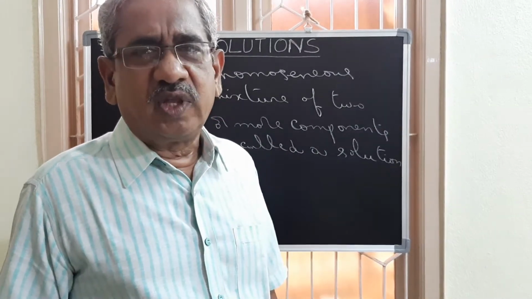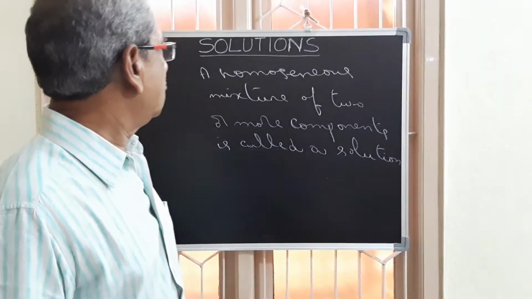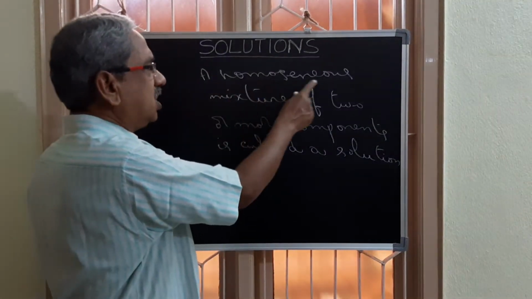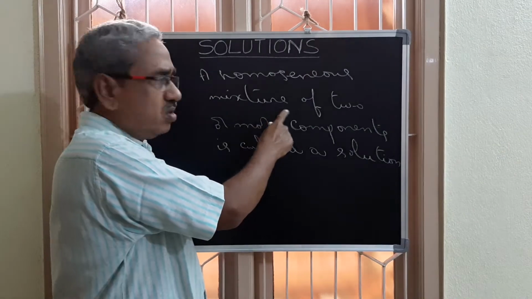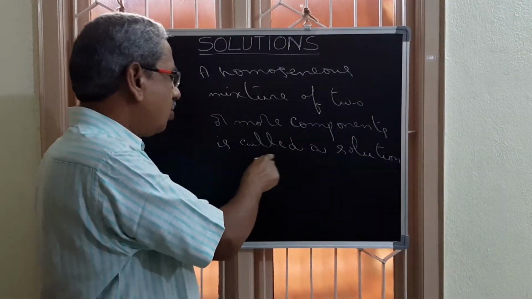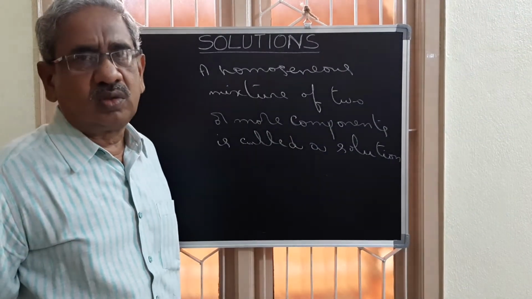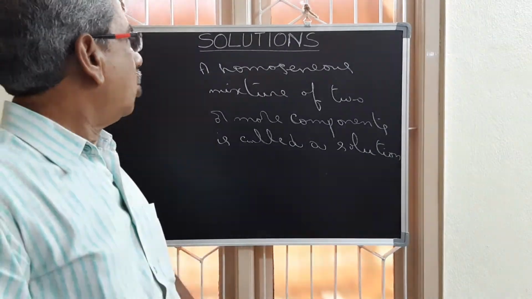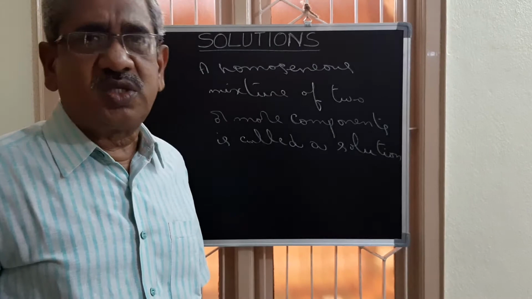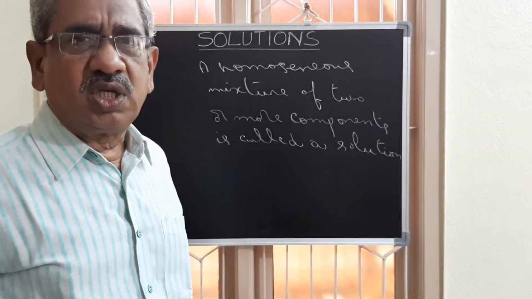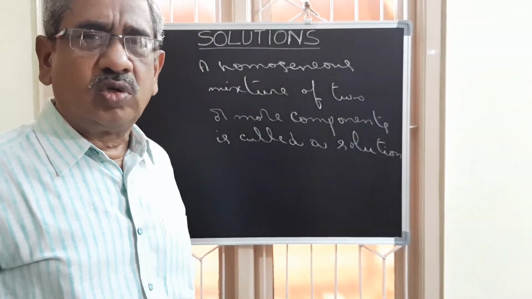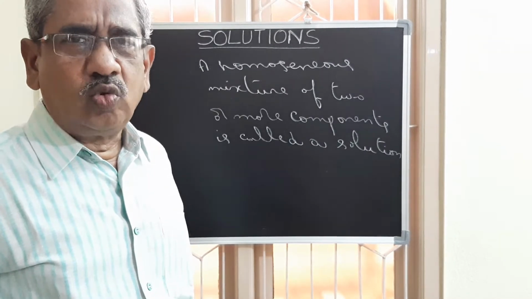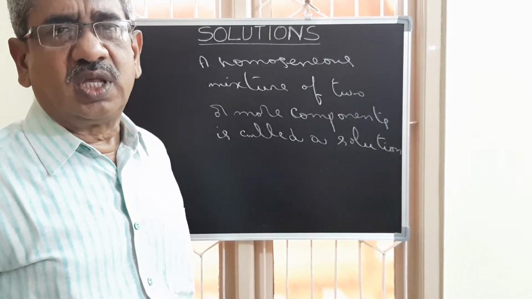Today, we are going to learn the chapter Solutions. The definition of a solution is a homogeneous mixture of two or more components is called a solution. The homogeneous mixture means the composition and the properties of a solution should be uniform throughout the mixture.